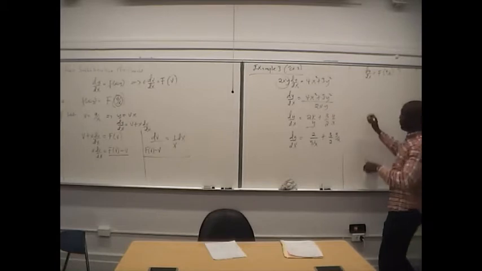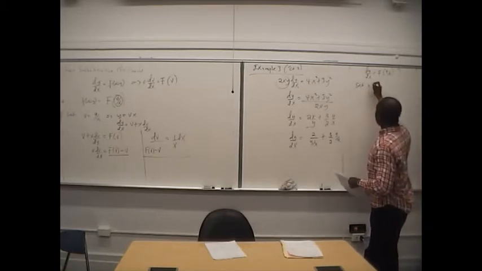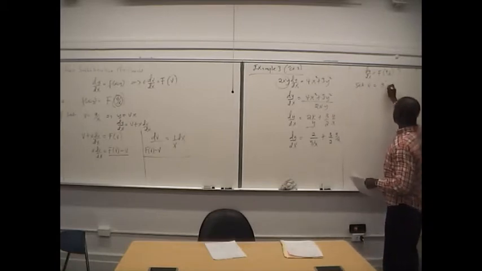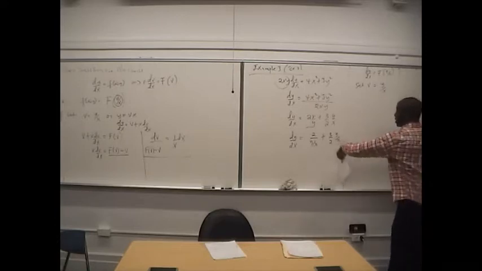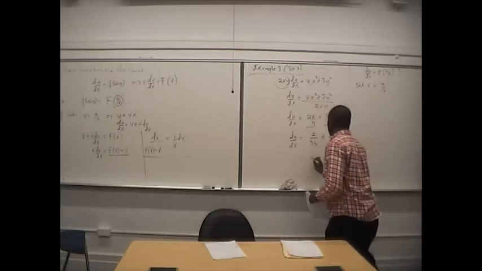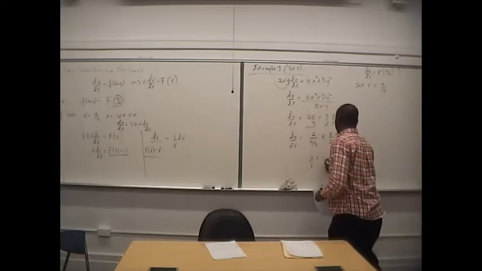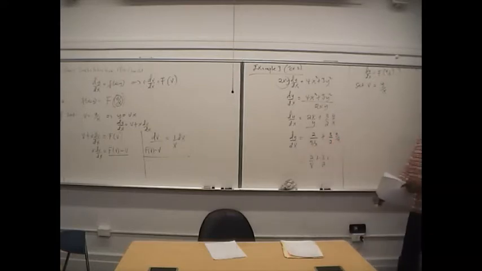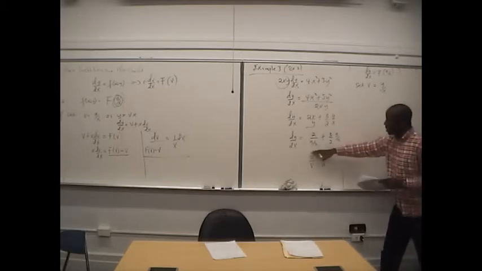Now if we set v to be y over x, then my right hand side looks like 2 over v plus 3 over 2v. So it's just a function in terms of v. At least this part is done.